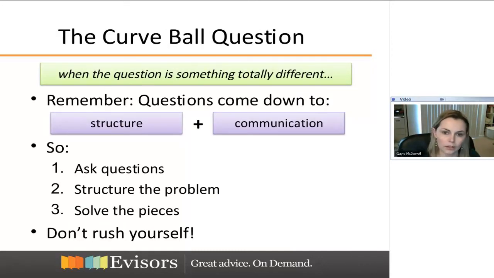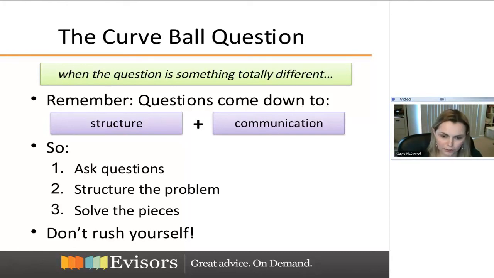So those are the common questions. Remember that you may get a question that doesn't fit cleanly into these or doesn't initially feel like it does. Many, many questions come down to basically structure and communication. So when in doubt, you can tackle the problem by asking questions, structuring the problem, and solving piece by piece.